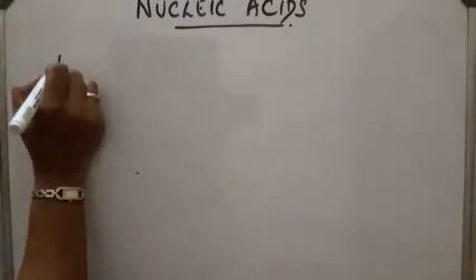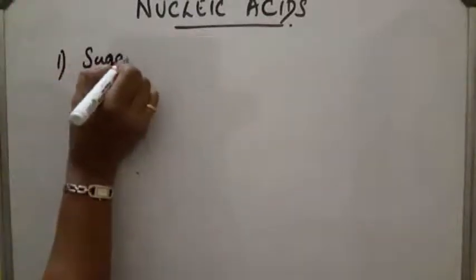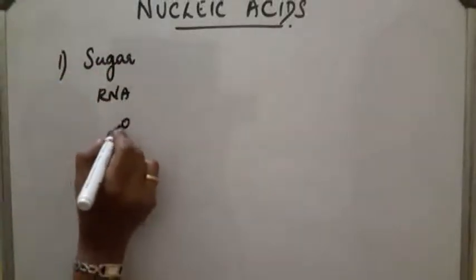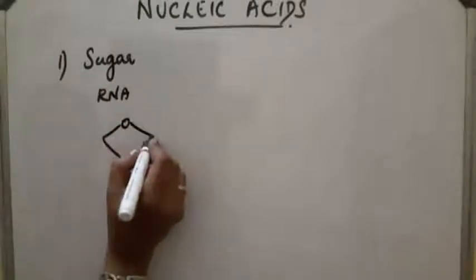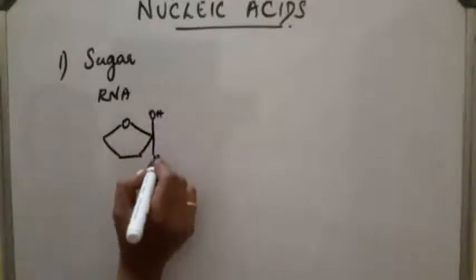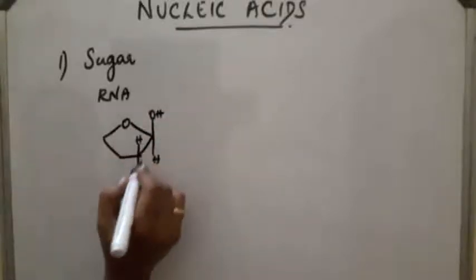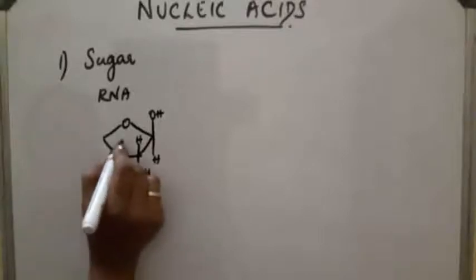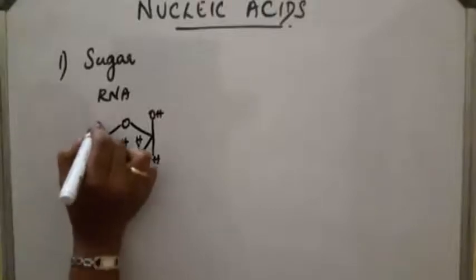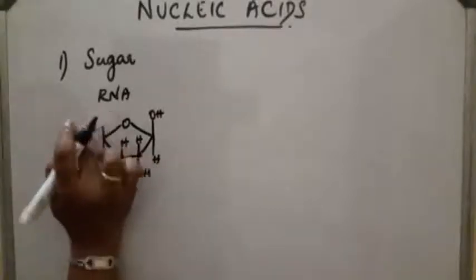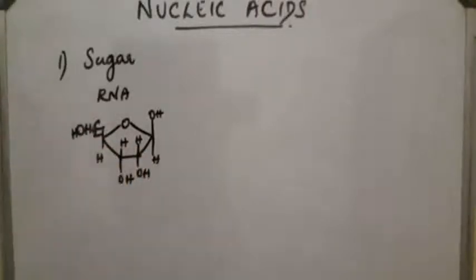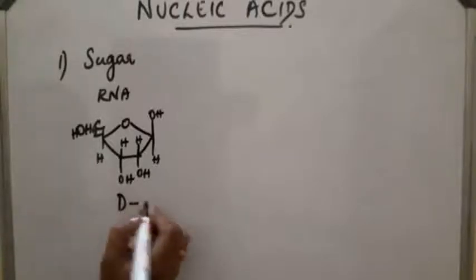First part contains sugar. In the case of RNA, the sugar will be like this, with CH2OH. This is D ribose.